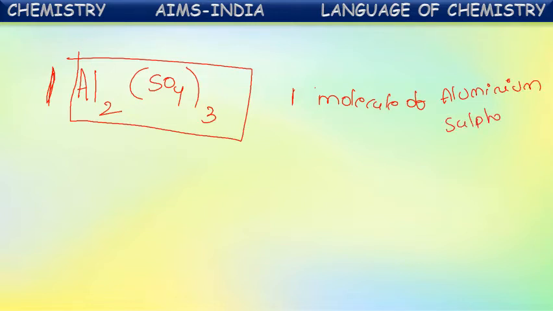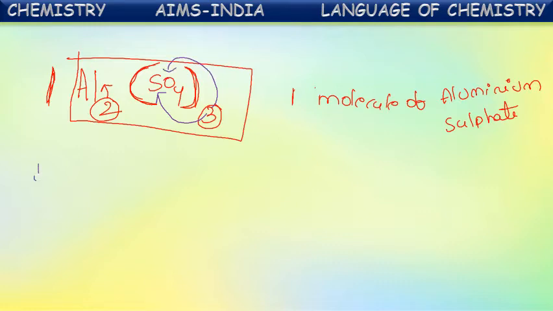But the question is, how many aluminium atoms are present? These 2 belong to aluminium. This 3 belongs to the whole brackets. In those brackets, these 3 belong to that many atoms. So these 3 belong to sulfur and to oxygen also.